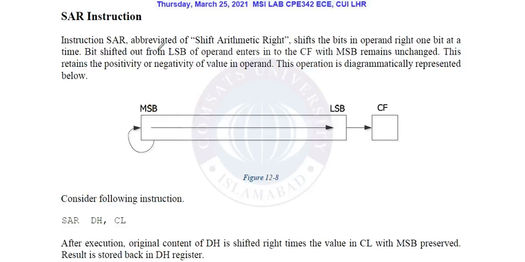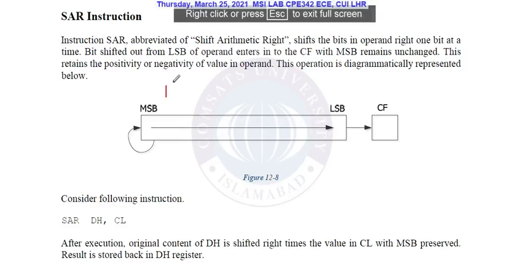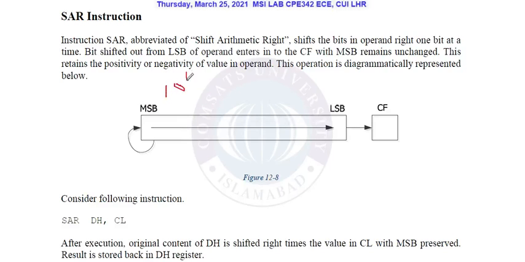So if I shift that 1 0 1 0 4 times, you will see that this register will be replaced by the values 1 1 1 1, and after each execution the value located at LSB will move to the carry flag, and the new value that will be inserted will be the value at the MSB location.